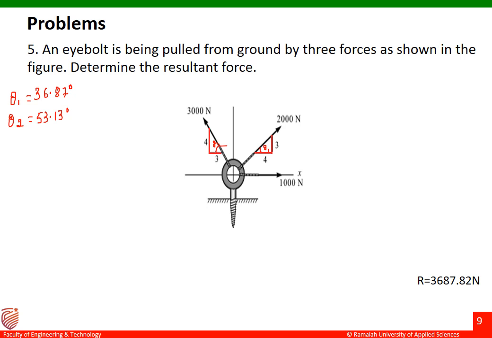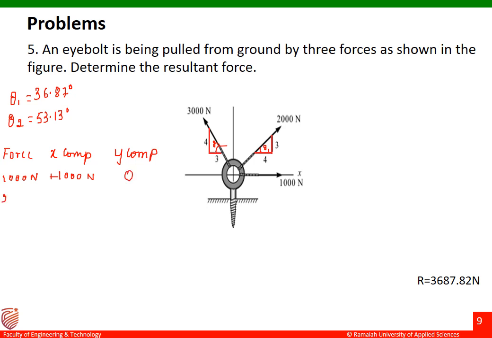The 1000 Newton force is acting exactly along the horizontal axis, so the angle is 0. Let us prepare a table here: this is my force, this is my x component, and this is my y component. We'll start with the 1000 Newton force. Its x component is plus 1000 Newton, and the y component is 0.